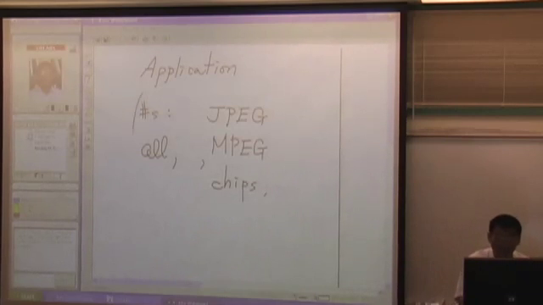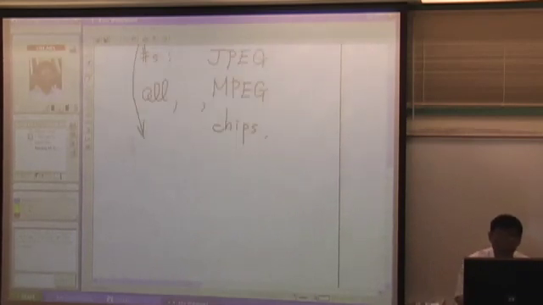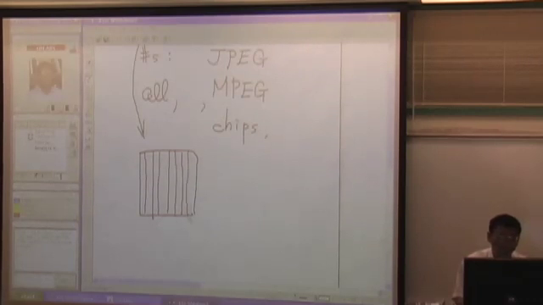Then how to apply number theory? For instance, assume that some image is there. Instead of sketching everything, I'll just show you the way people do it. So let's consider black and white, not the colored image.